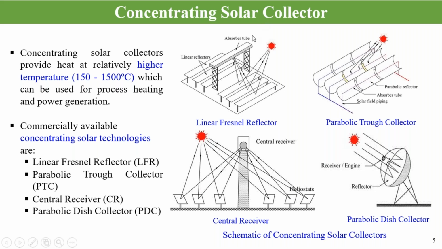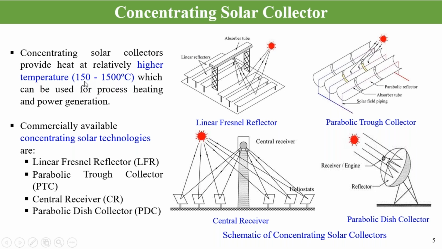Now here we have these four types of concentrating solar collector. First one is the linear Fresnel reflector. Here the concentrating solar collectors provide heat at relatively higher temperature. Now we can imagine the amount of heat, or temperature, over here.